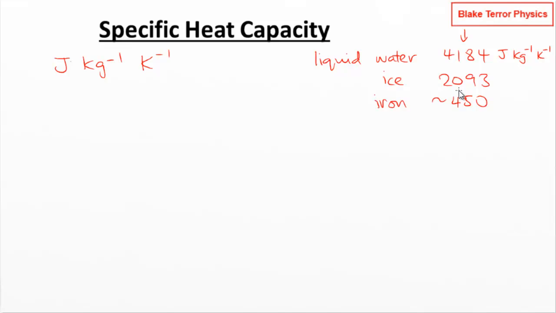It's particularly complicated when you get onto liquids because you've got a lot more movement going on in a liquid, and different degrees of freedom, because that's one of the things that affects specific heat capacity. The degrees of freedom are the ways that atoms and molecules can move inside a substance.